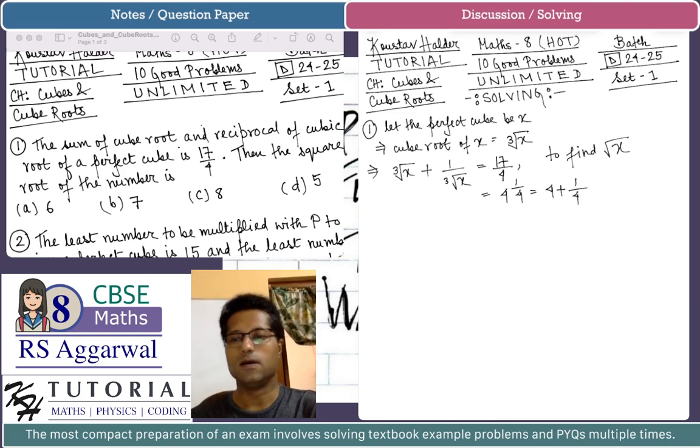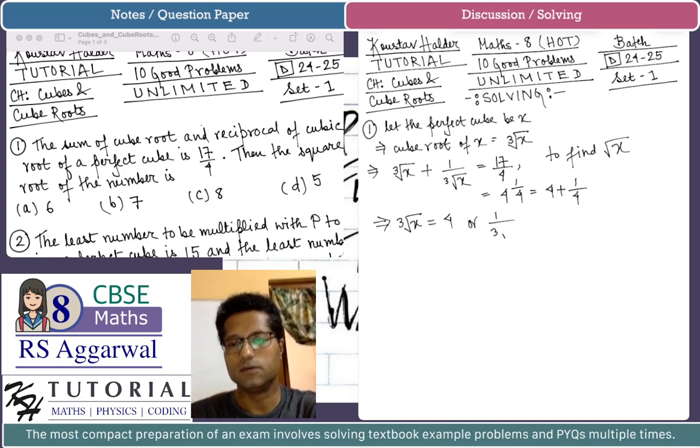Now you can match on the left hand side, 17 by 4 is cube root of x plus 1 by cube root of x. So if you match, this will imply that cube root of x will be equal to 4.